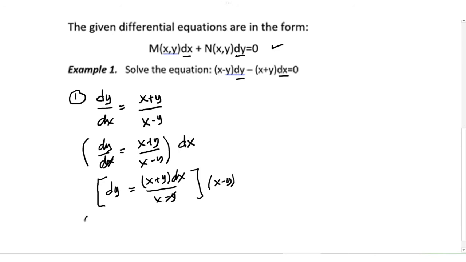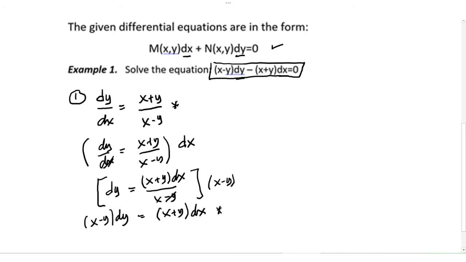So finally, you have (x - y) dy = (x + y) dx. In conclusion, I just converted this equation containing dy/dx back into the original given equation. When you have converted to this form, you can now identify whether this equation is homogeneous or not.